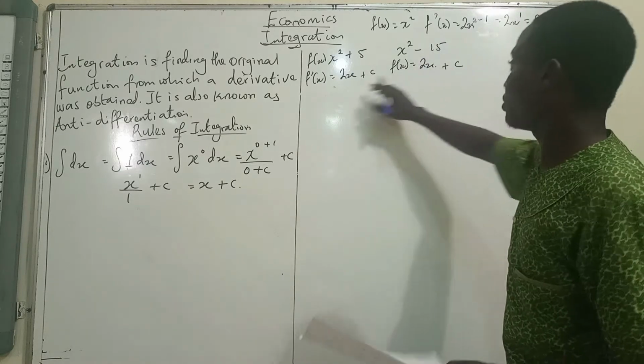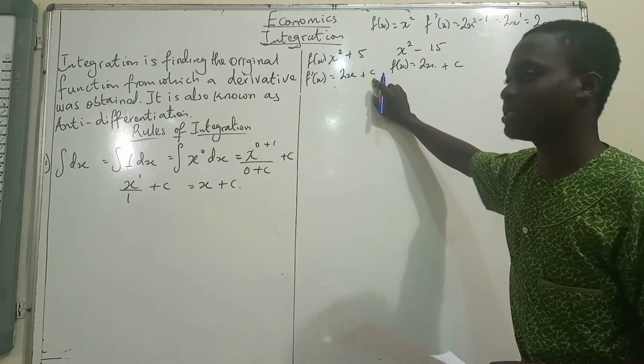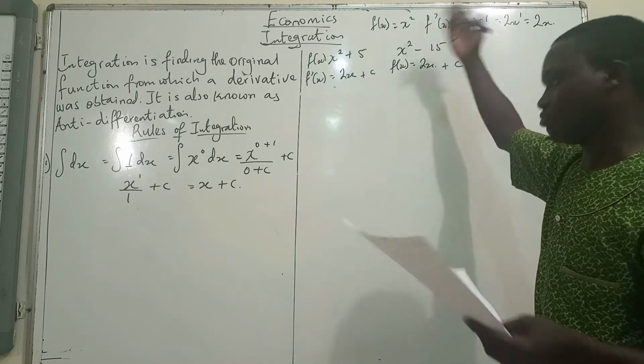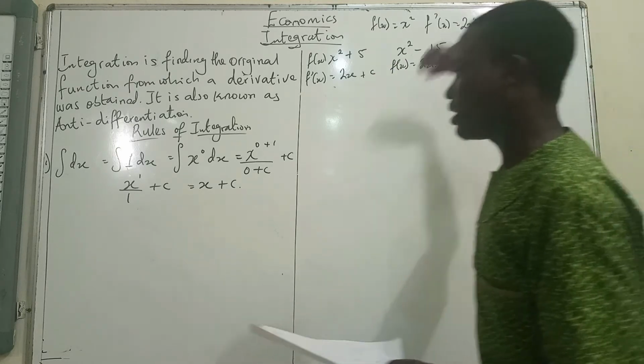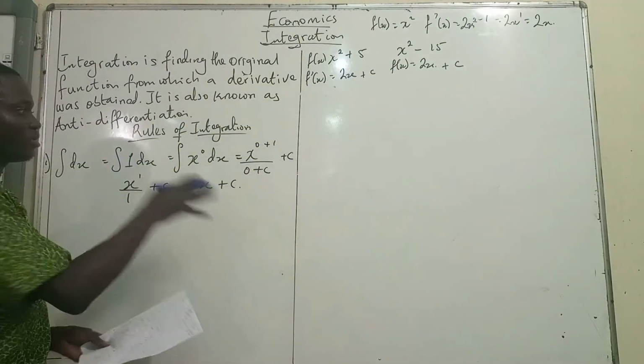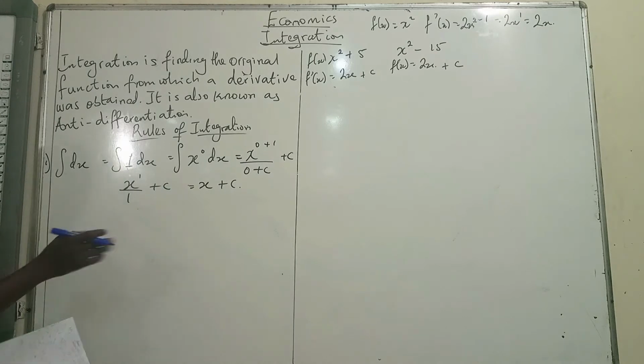Let's just leave it this way, that we don't get to know what the constant of the original function was, so just leave it as plus c. Now let me continue, because going further there would mean that you need to have understood something that I have not explained yet.